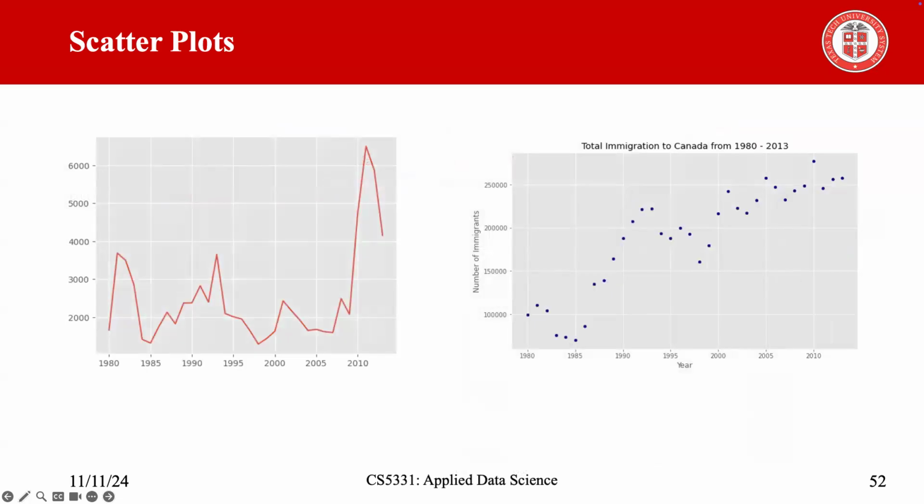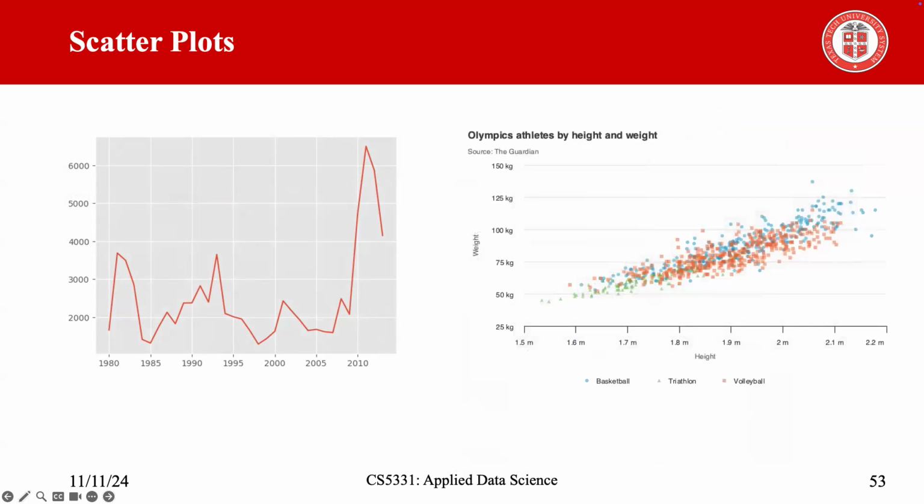If we compare these two figures, the scatter plot and the line plot, we can see that they can both show the trend of the data, but there are some differences. For example, in the right figure we have so many data points, and it is not related to time. The left figure is about time, so we can connect them and see the trend. But the right figure is just some data points.